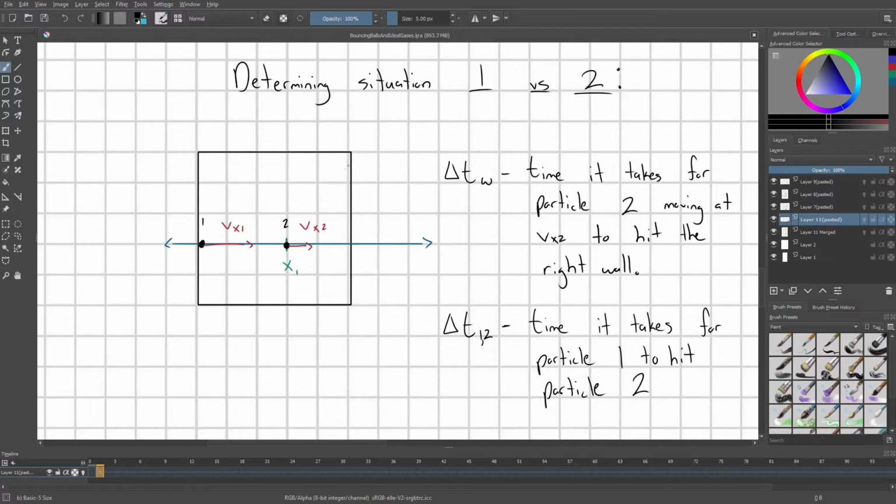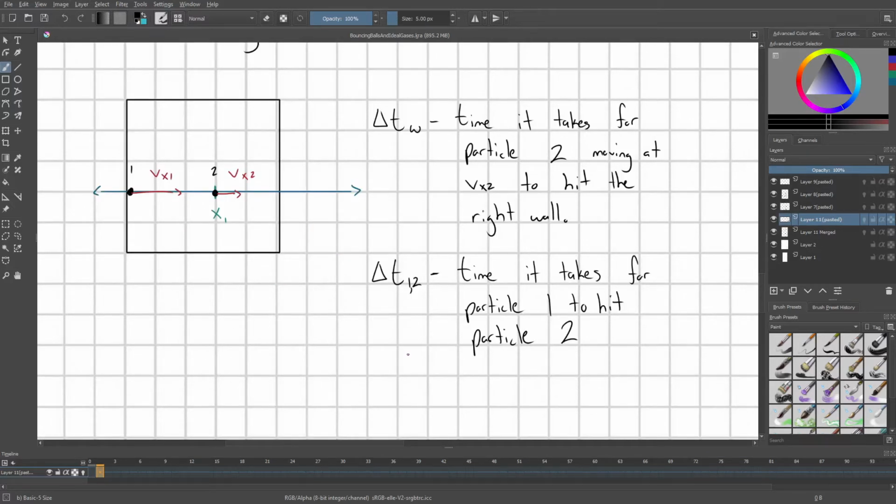If I let this go, particle 1 would hit particle 2, eventually. I could even get rid of this wall. Particle 1 would probably hit particle 2. Of course, if particle 2 was moving faster than particle 1, they would never hit each other. So this time wouldn't even be a thing, right?